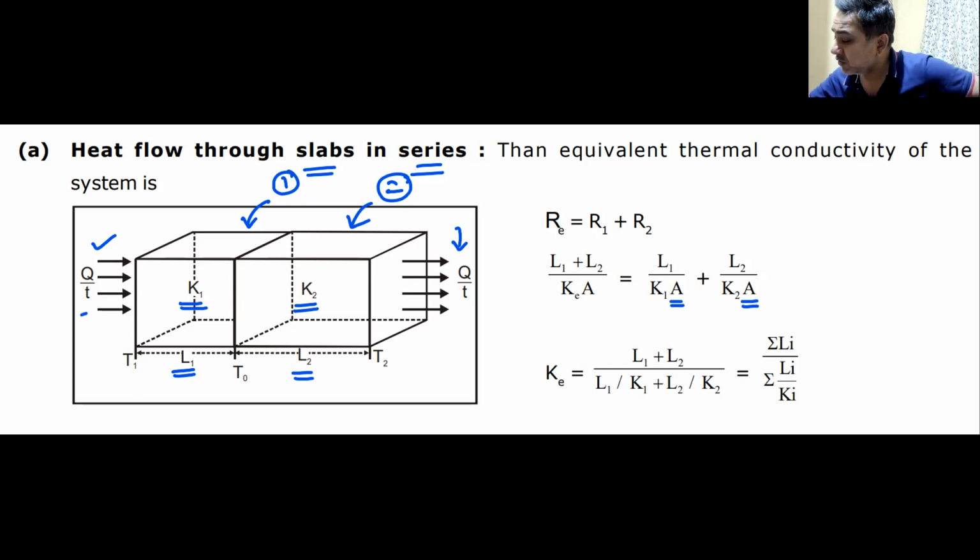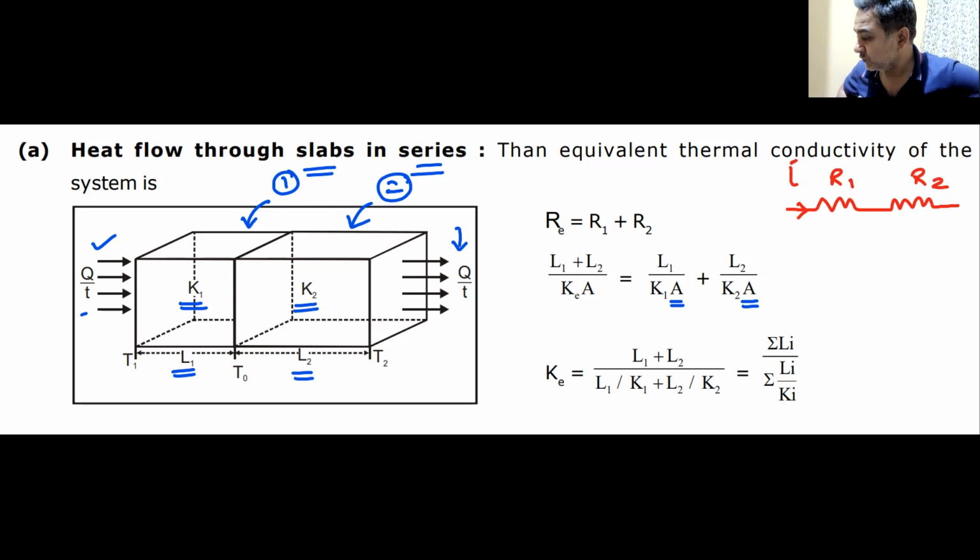Does it remind you of something you have already seen? Do you remember two resistors R1 and R2 connected in series? You had the same current flowing through them, and we found that these two resistances can be replaced by a single equivalent resistance, R equivalent equal to R1 plus R2.